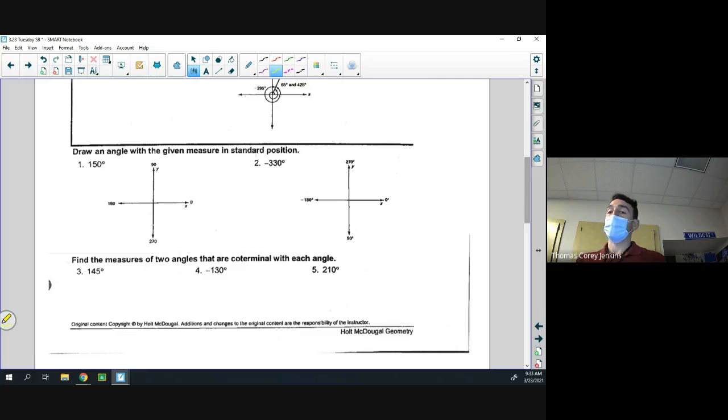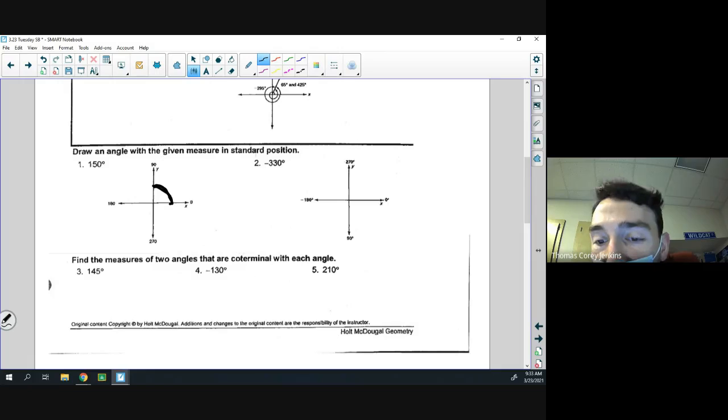All right, so actually before we find some coterminal angles, let's go ahead and draw a couple of angles here. Okay, so 150 degrees is going to be a positive angle, so we're going to go from our starting point counterclockwise, so to the left. From 0 to 90 would be here, right?